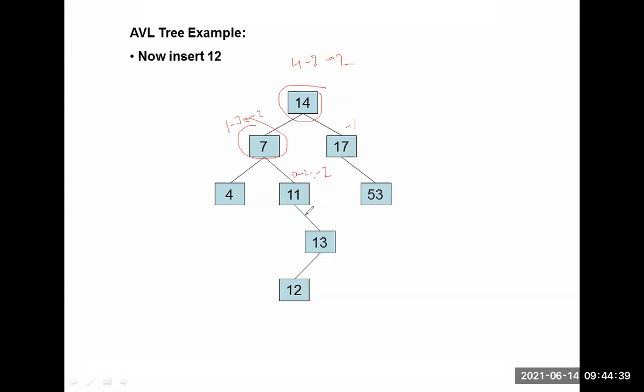So then which element do you have to choose first? Here you consider this level, or this one, or this one. Here also the tree is not balanced.